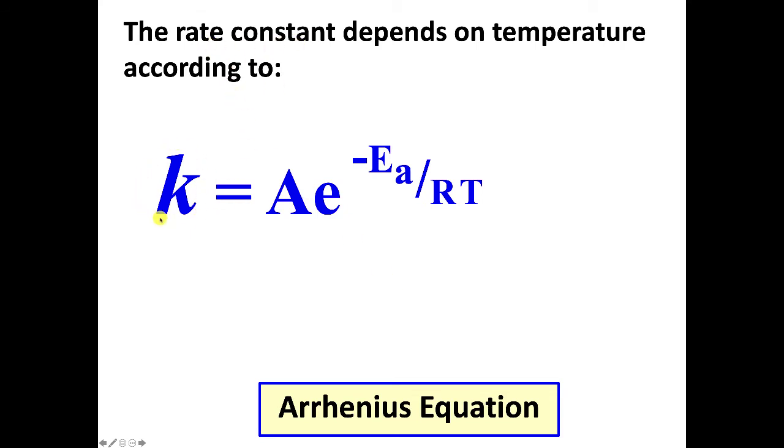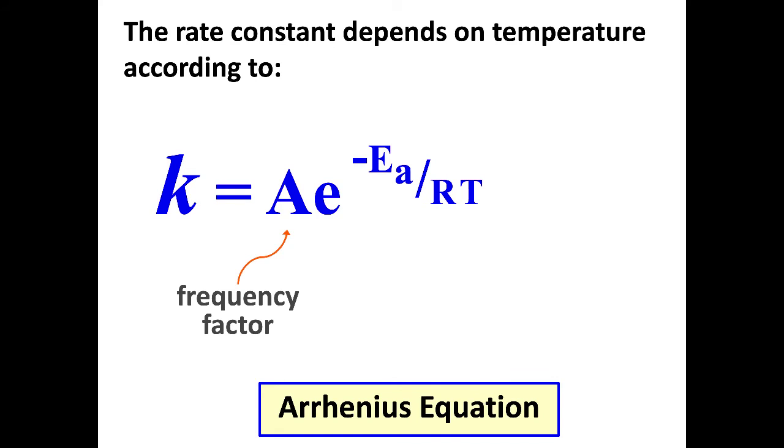It turns out that the rate constant k depends upon temperature and on activation energy according to this equation. k equals A times e to the negative E sub A over RT, where this e is the base of the natural logarithm, the number. The capital E sub A is the activation energy, and then this whole quantity, negative E sub A over RT, all of that is in the exponent, so that's like in parentheses.